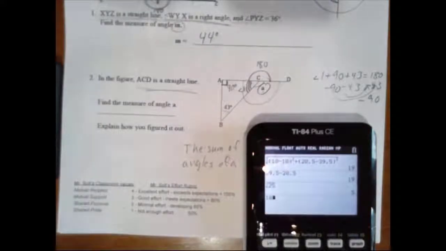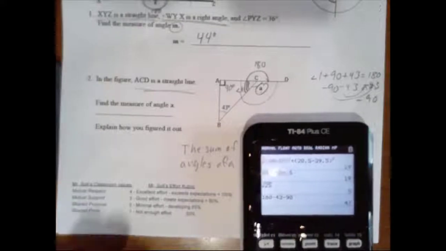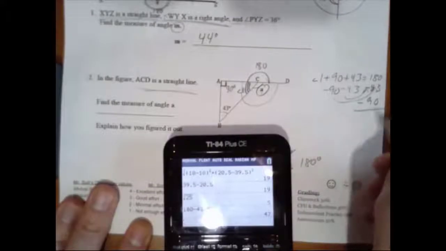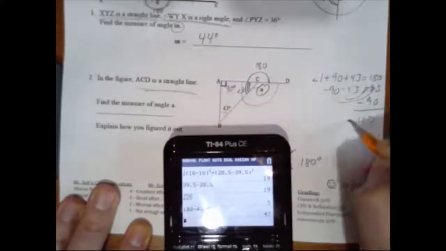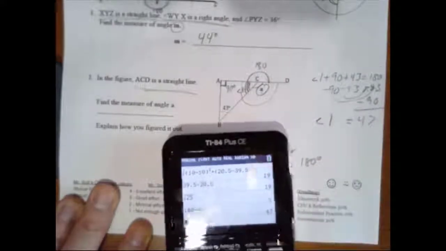Mr. Calculator, what's 180 minus 43 minus 90? Don't give your calculator the wrong information. That's 47. So 180 minus 43 minus 90 is 47, which means angle 1 is equal to 47 degrees.